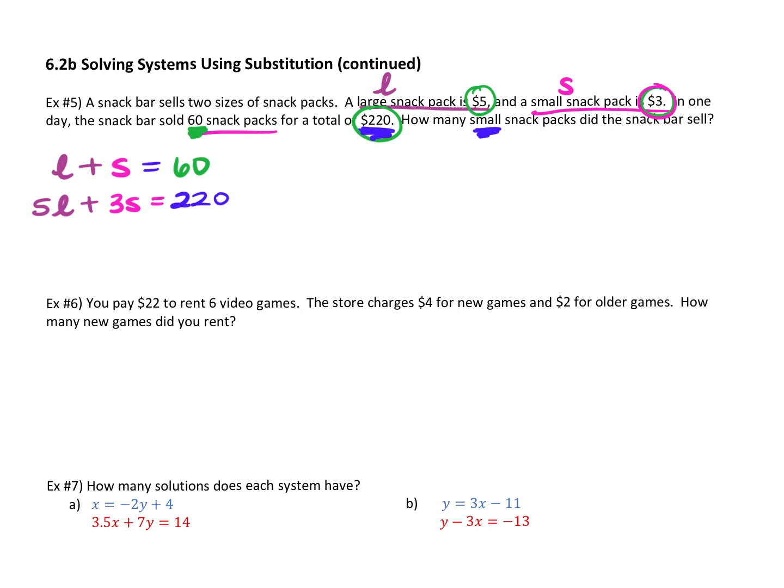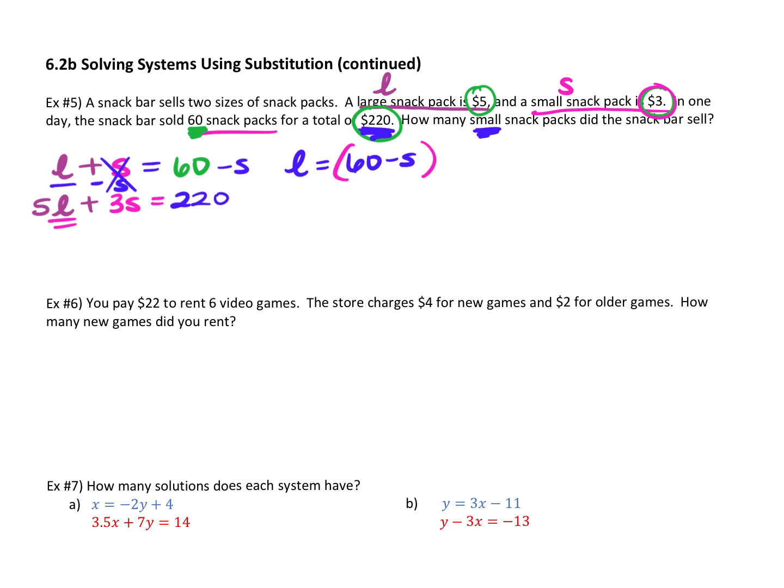So we're going to start by solving for this first L by taking away an S from both sides. If I take away that S, I'm left with L equals 60 minus S. The reason I did that is that now I can take 60 minus S and substitute it for this L in the other equation.